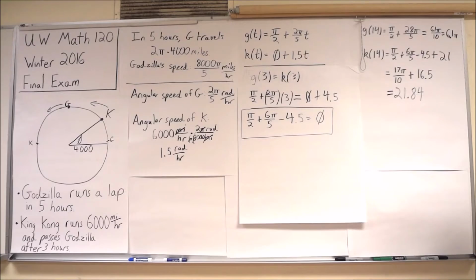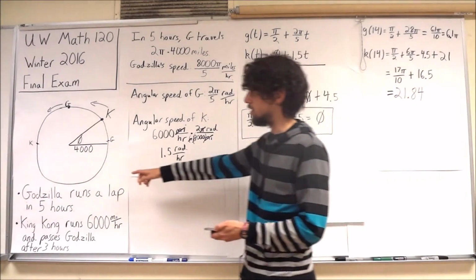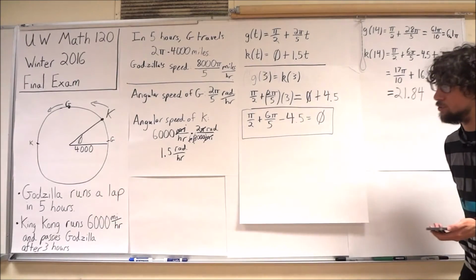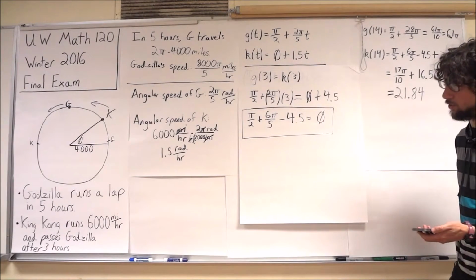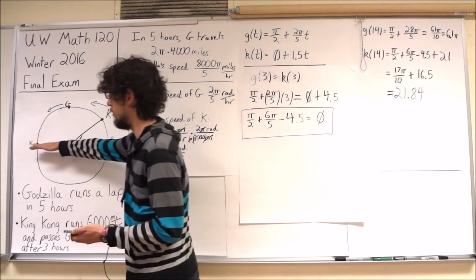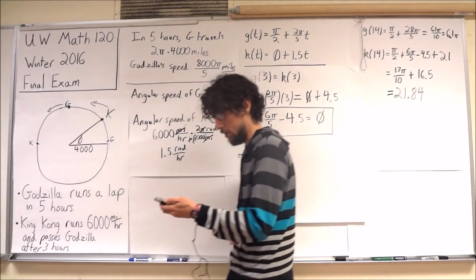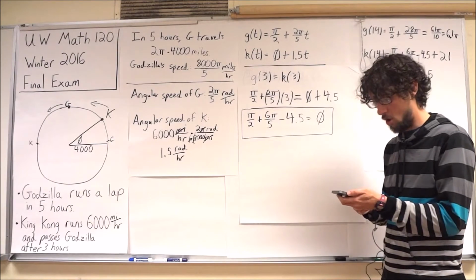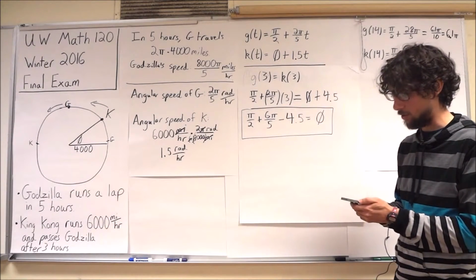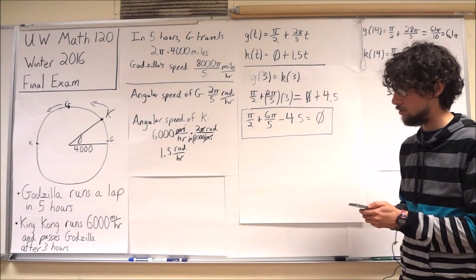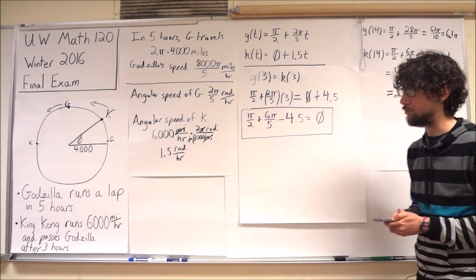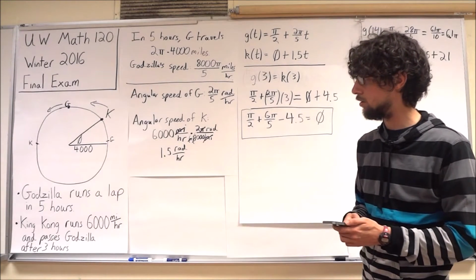So what I have is that King Kong is about 0.025 of a revolution before the equator. In other words, 2.5% of one revolution before the equator.